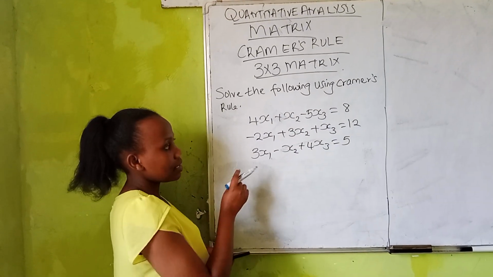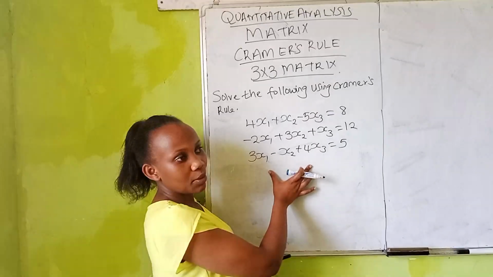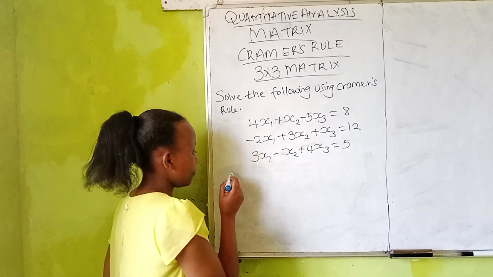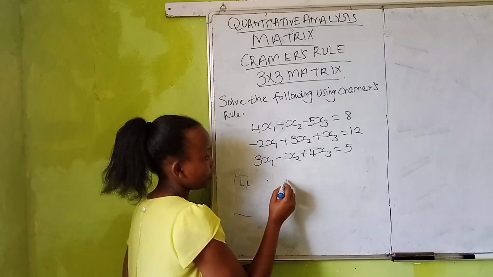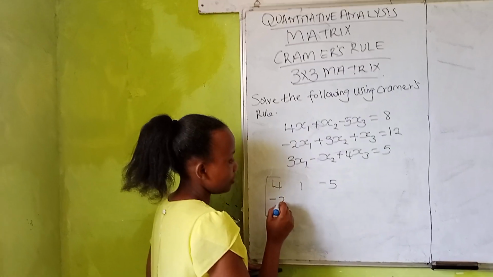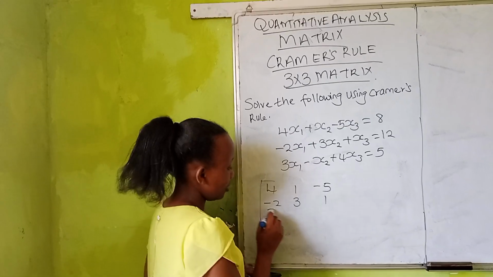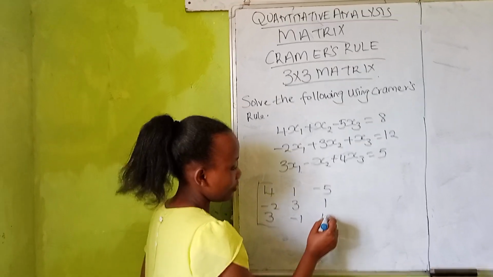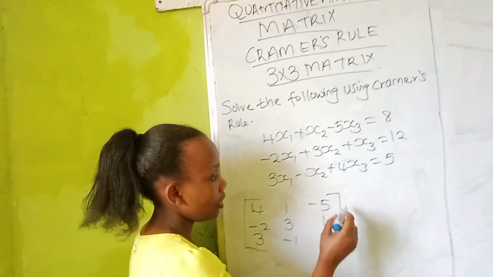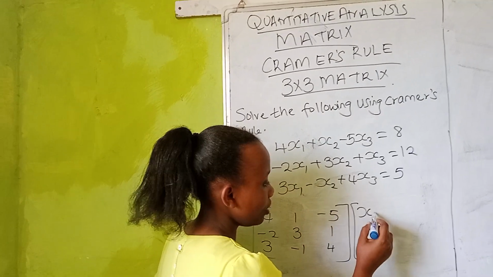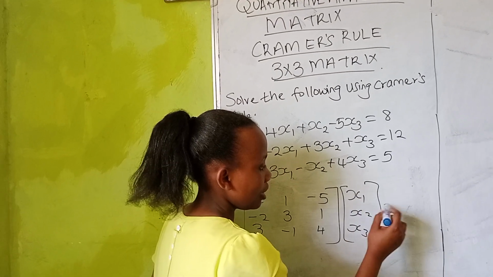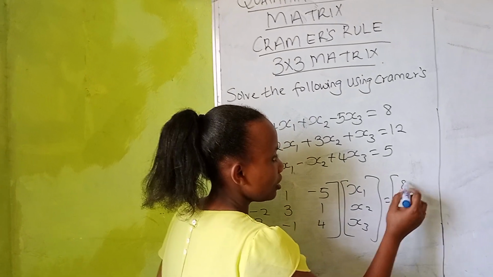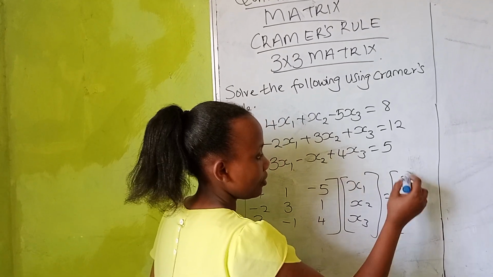So in that case, the first step, we are going to place these equations in the form of a matrix. That is 4, 1, -5, -2, 3 and 1, 3, -1 and 4. Then the values of the unknowns x1, x2, and x3 equal 8, 12, and 5.